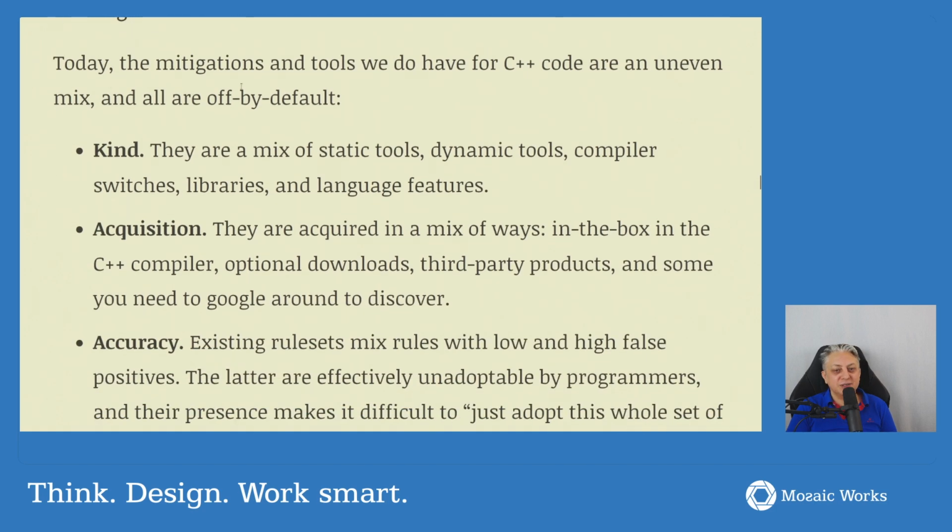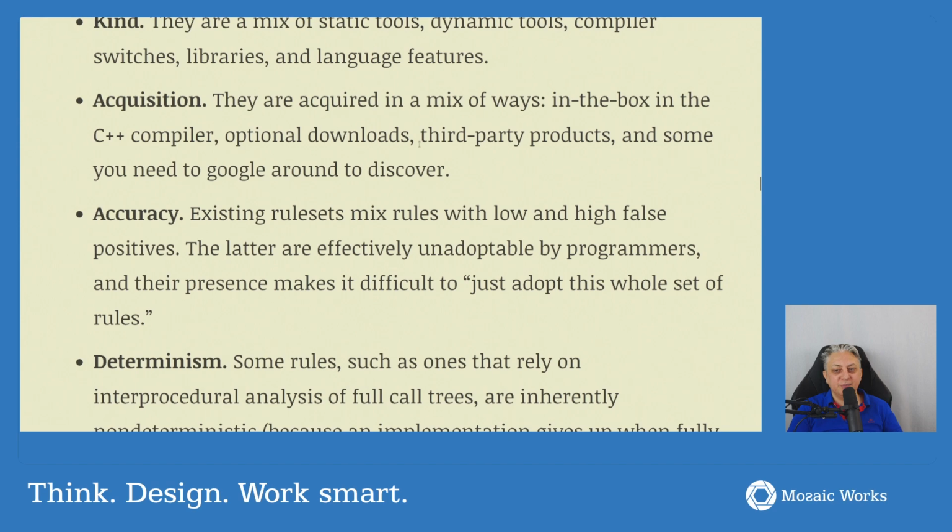Today, the mitigations and tools we do have for C++ code are an uneven mix and all are off by default. They are a mix of static tools, dynamic tools, compiler switches, libraries, and language features. Acquisition: they are acquired in a mix of ways. In the box in the C++ compiler, optional downloads, third-party products, and some you need to Google around to discover.